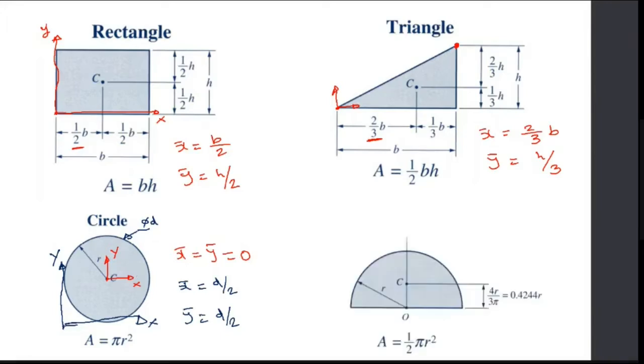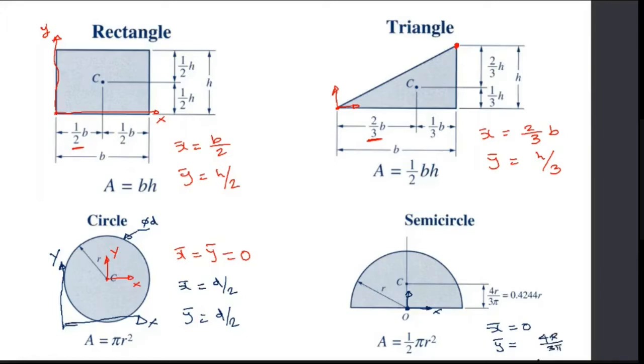Okay. Similarly, for a semicircle, let me consider this is my origin, this is my x, and this is my y. In that case, my area is pi r square by 2, and my x bar is 0 because it is at the center, and the y bar is 4r by 3 pi.